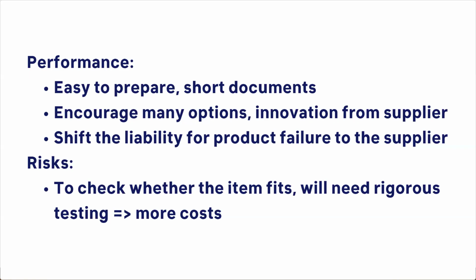And therefore, it shifts the liability for product failure to the supplier. So performance specification sounds great in the book, but it has a very big problem. When we have only a performance specification, then when the supplier suggests some solution, we're not sure whether that solution fits our requirement or not.